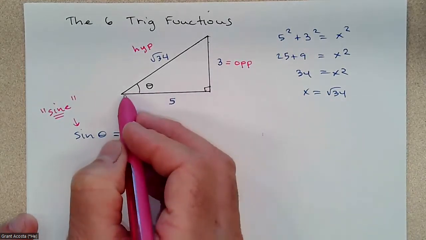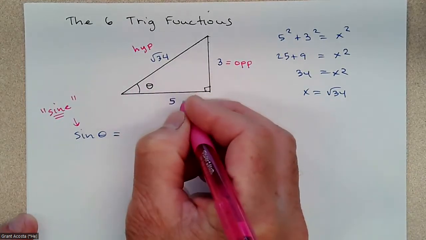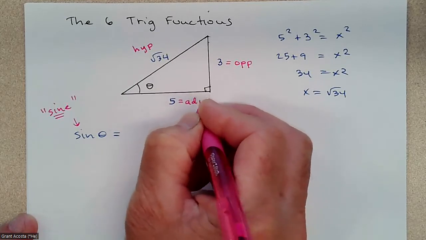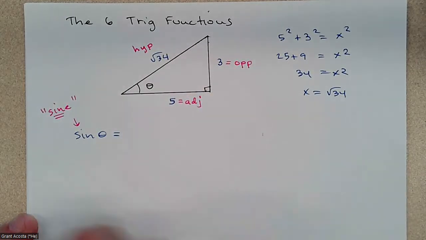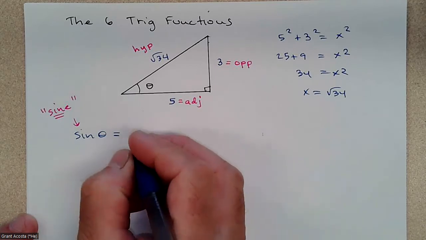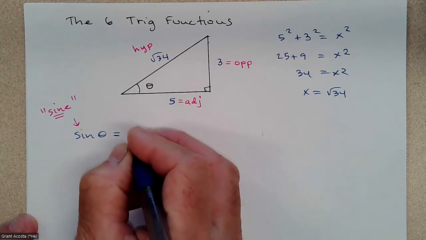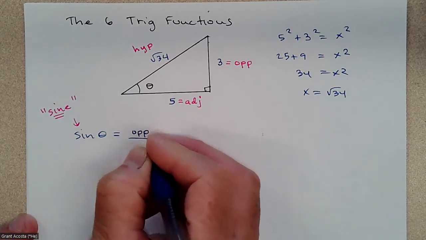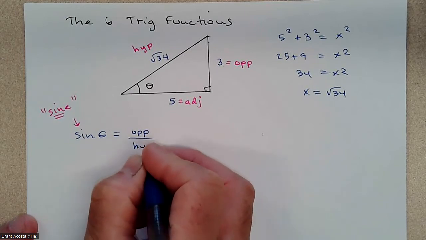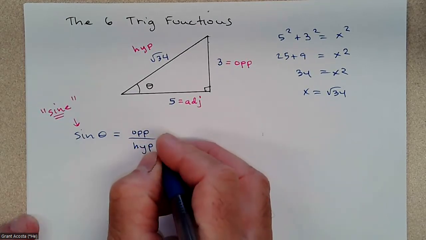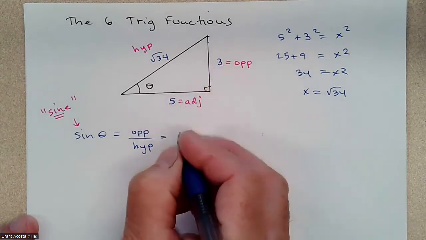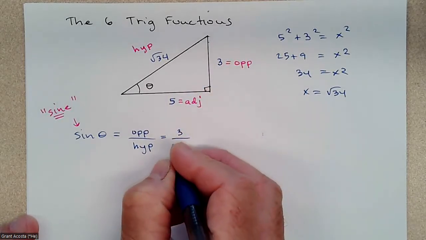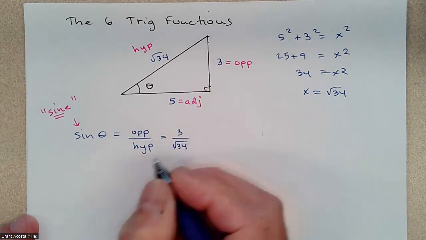And the other side, which is part of my angle but not the hypotenuse, is referred to as the adjacent side. The sine of theta, by definition, is the ratio of the opposite side to the hypotenuse. So in this case, that would be 3 over root 34.